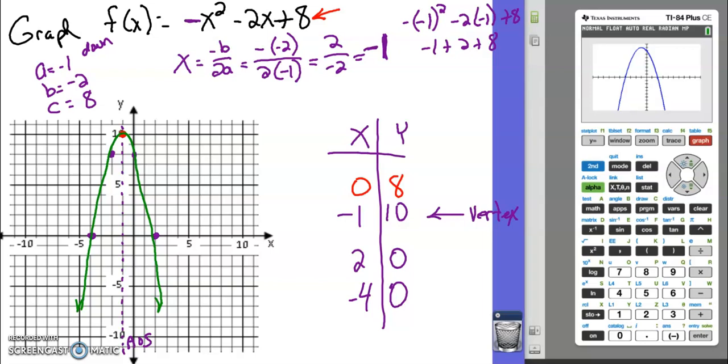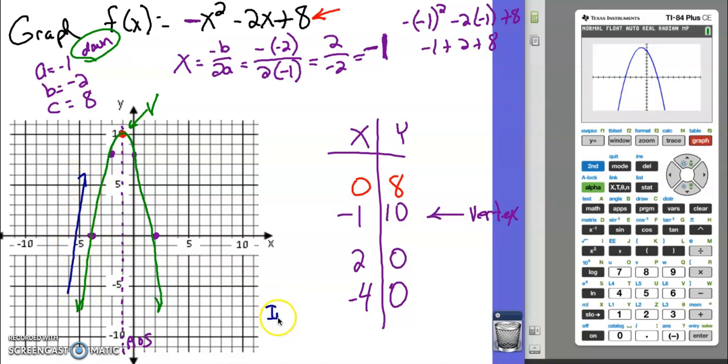And so this is my vertex. We have our axis of symmetry. We said it goes down. So let's talk about increasing and decreasing. So notice this parabola, because it goes down, we always read the problem from left to right. So notice it's increasing first.